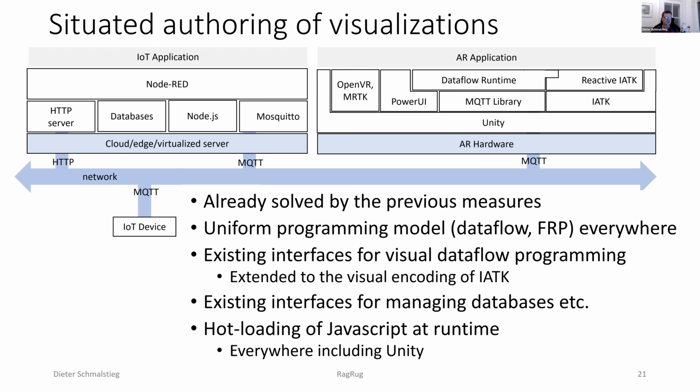So first of all, we have this uniform programming model, data flow everywhere. Actually, if you look more carefully, for those who are interested in that kind of thing, the formalism that we fulfill with our programming model is event-driven functional reactive programming.